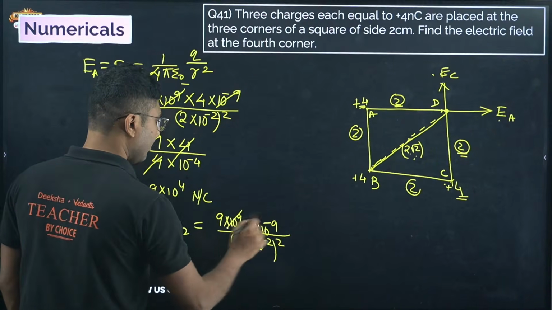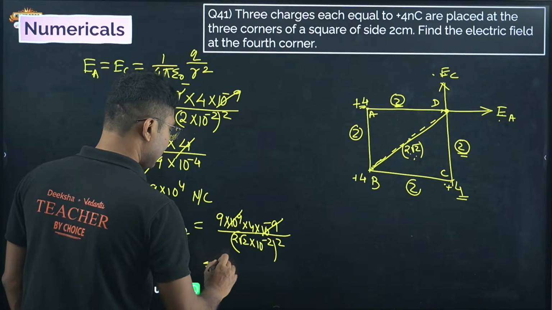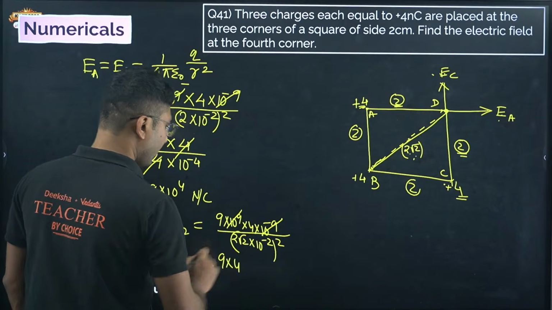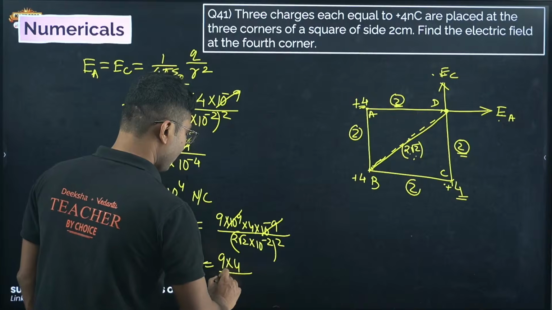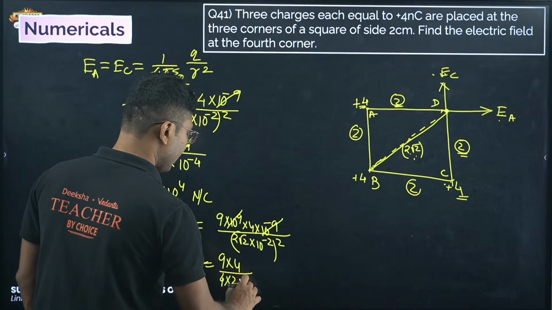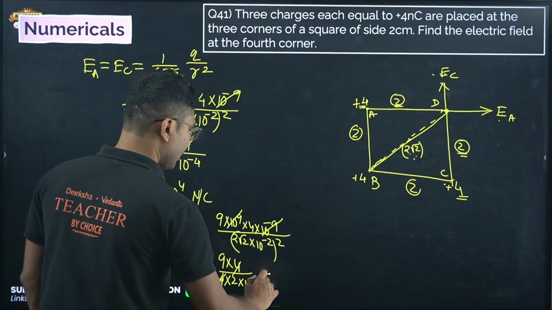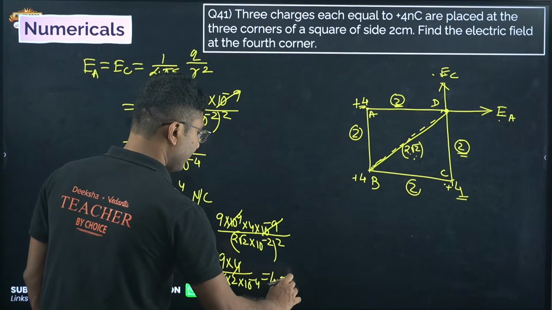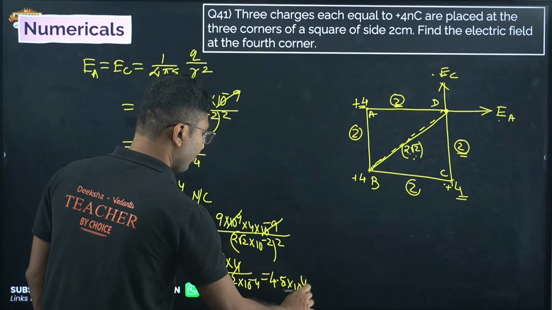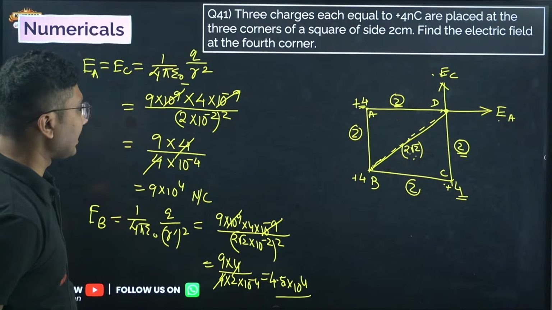So 10 to the power of minus 9 cancels, 9 into 4 divided by 4 into 2 into 10 to the power of minus 4. So 4 cancels, you get 4.5 into 10 to the power of 4. So these are the respective electric fields.